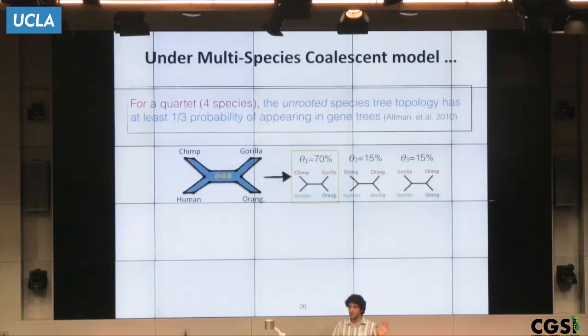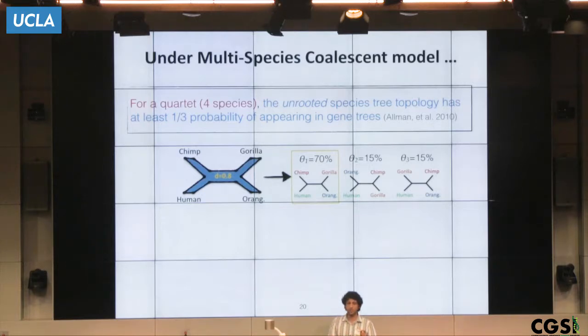Let me give you an example of how this would work. Under that multi-species coalescent model that I mentioned, if you start with only 4 species, and you are thinking about unrooted trees, you have only 3 possibilities. And we have this result that says the most probable gene tree always will match the species tree for 4 species.